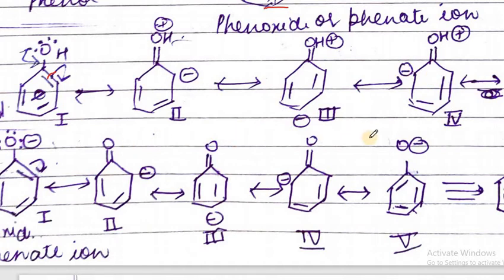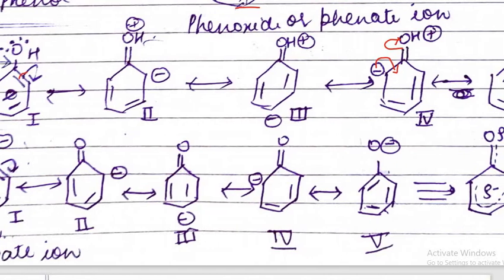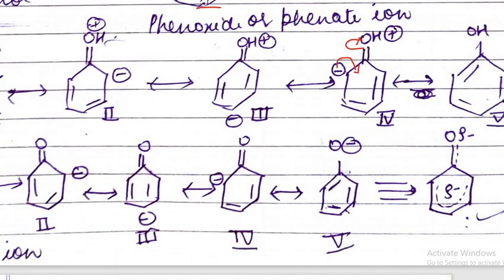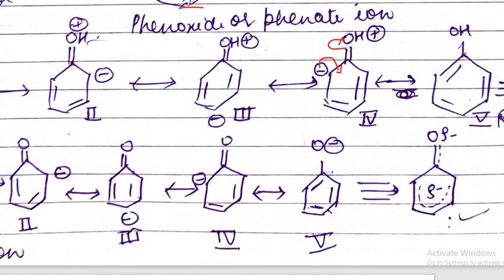So we get various structures, and ultimately when these electrons return to the ring, they go to oxygen and it becomes neutral, and we get this stable structure in which all carbons have a complete octet of the ring.